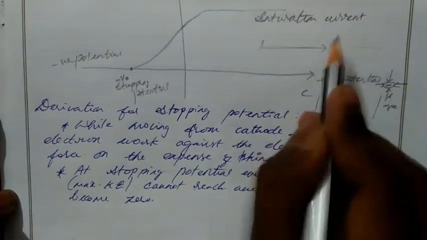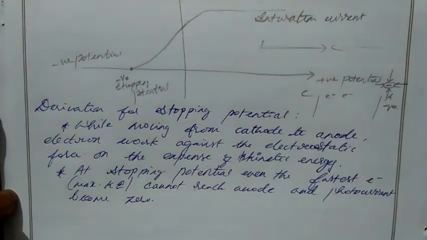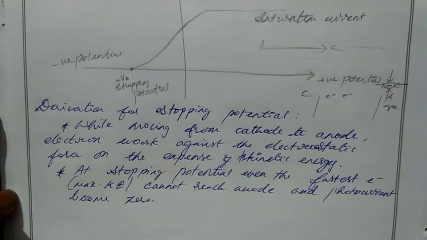So this is our electron. The electron cannot swim in the opposite direction because of the electrostatic force, at the expense of its kinetic energy, its stamina. While it is moving, it gains some kinetic energy, half mv square. Even though it has more kinetic energy, it cannot swim in the opposite direction because negative charges and the negative plate repel each other.